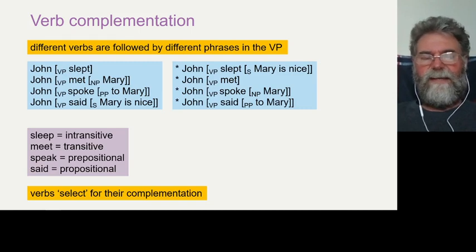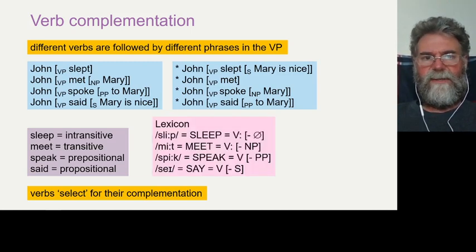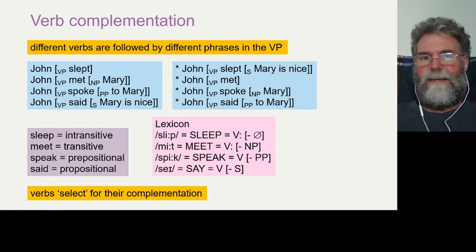Now, as I've said, this is all to do with the lexical properties of those verbs. So this kind of information, along with all the other kinds of information that we need to know about words, is going to have to be stored in the lexical entries of these verbs. We're going to need to know how to pronounce a word like sleep, what it means, what its syntactic category is, i.e. it's a verb, and also what its complements can be.